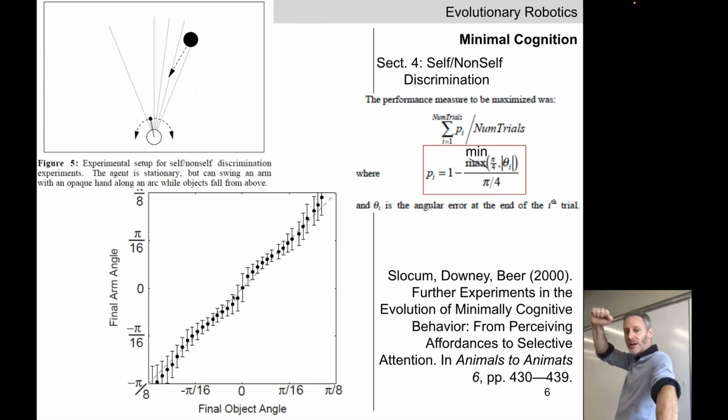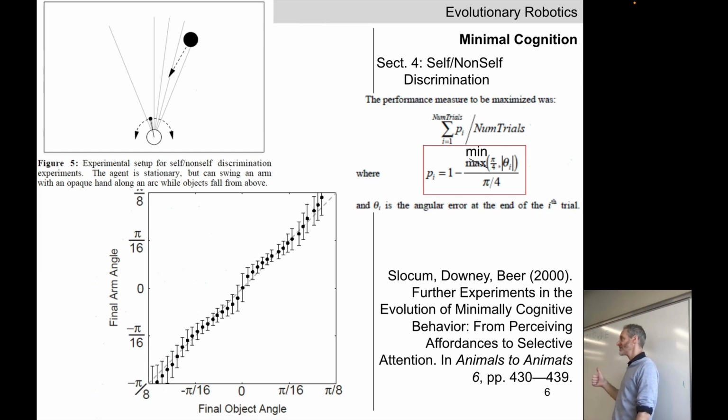Yeah? So the horizontal axis here is reporting where in radians the object landed. And the vertical axis is representing, again in radians, where the robot's hand was. How did the CTRN do under all these different conditions?